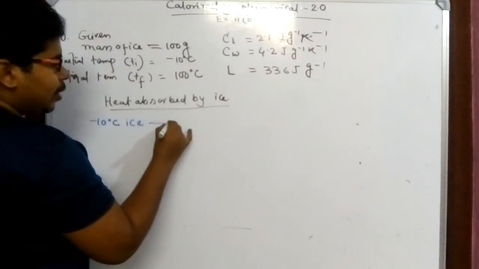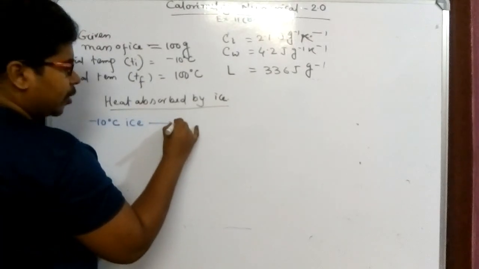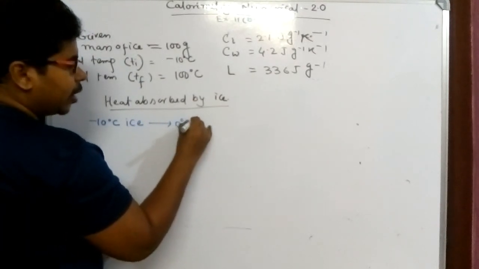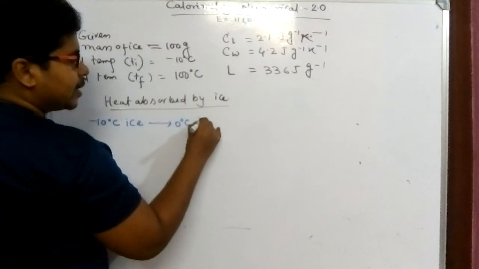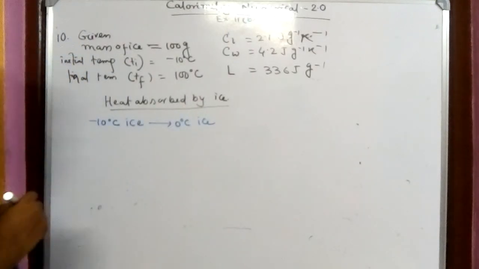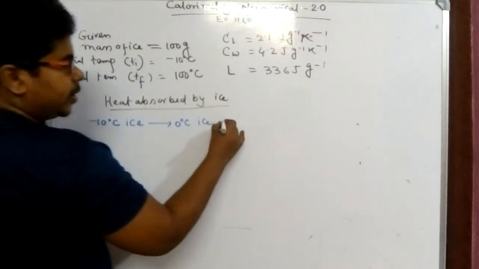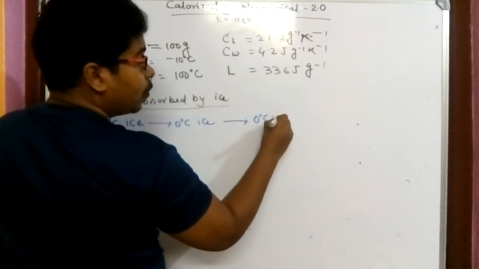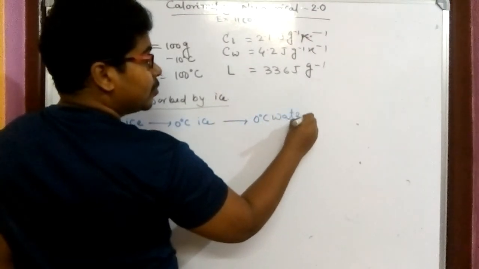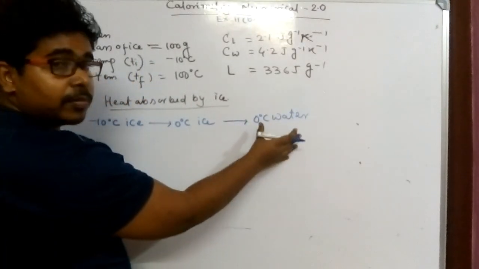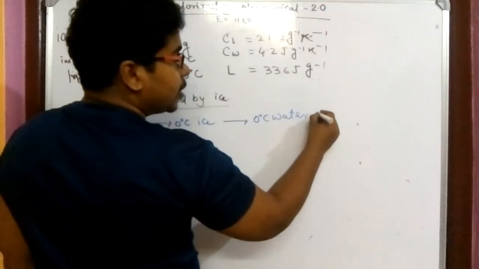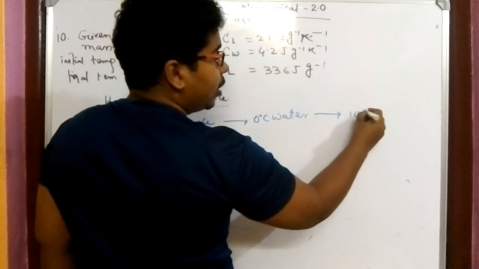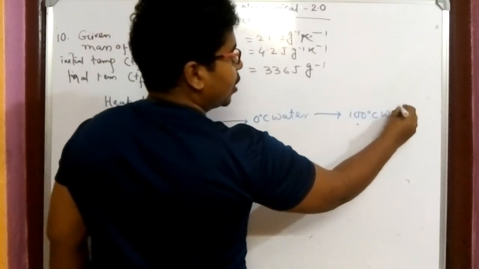Minus 10 degrees centigrade ice should convert to 0 degrees centigrade ice. After that, 0 degree centigrade ice to 0 degree centigrade water, that is a phase change, and then 0 degree centigrade water to 100 degree centigrade water.